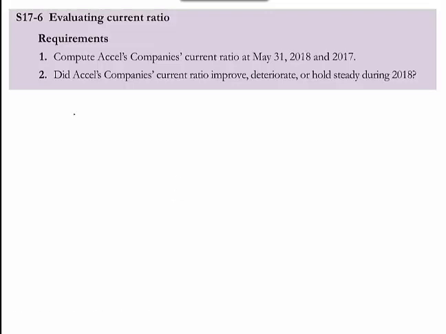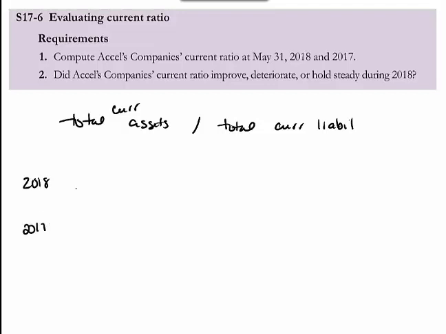So the first one asks us to compute the current ratio at May 2018 and May 2017. And so the current ratio is total current assets, that's important, divided by total current liabilities. And they want this for 2018 and 2017.